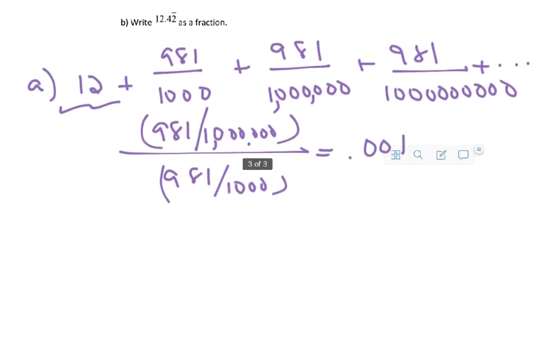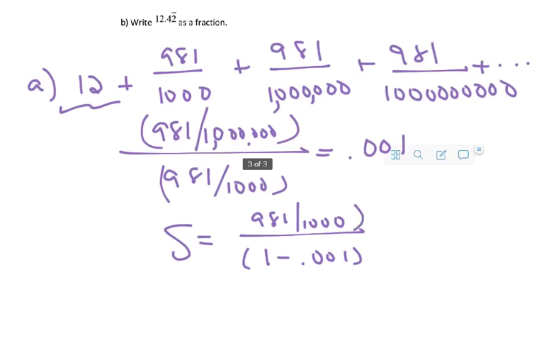So now I'm going to find the sum by doing the first term divided by 1 minus the common ratio. Remember, I put that in parentheses. I'm going to put that in parentheses too. So 981 over 1,000 divided by (1 minus 0.001).